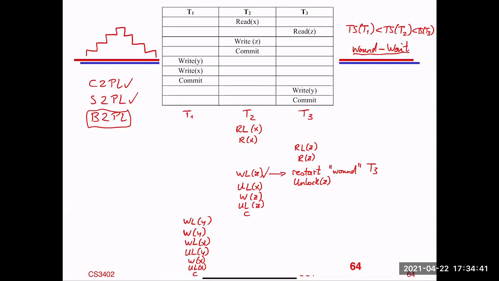Well, at this point here, the transactions don't hold any locks, right? Transaction T2 unlocked all the items that it locked. So we can easily acquire locks here. Was that your question?